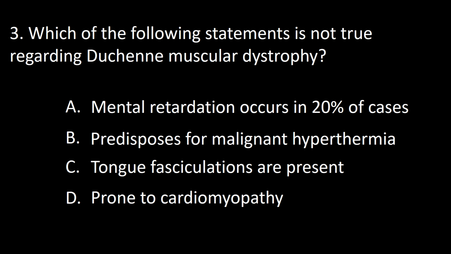Next question is, which of the following statements is not true regarding Duchenne muscular dystrophy? A. Mental retardation occurs in 20% of the cases. B. Predisposes for malignant hyperthermia. C. Tongue fasciculations are present. D. Prone to cardiomyopathy.